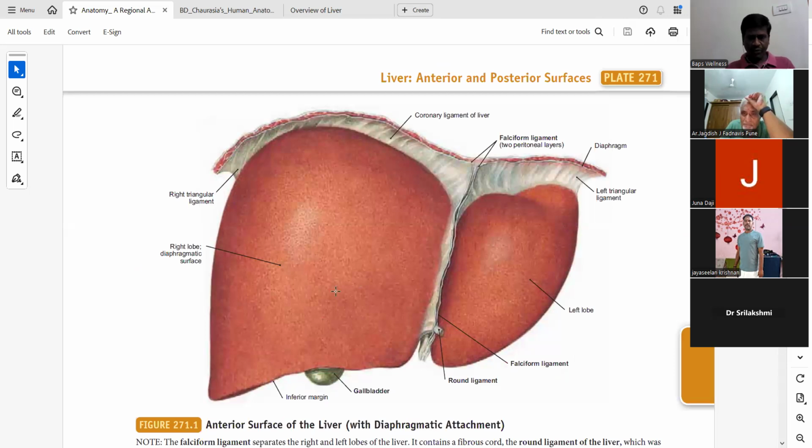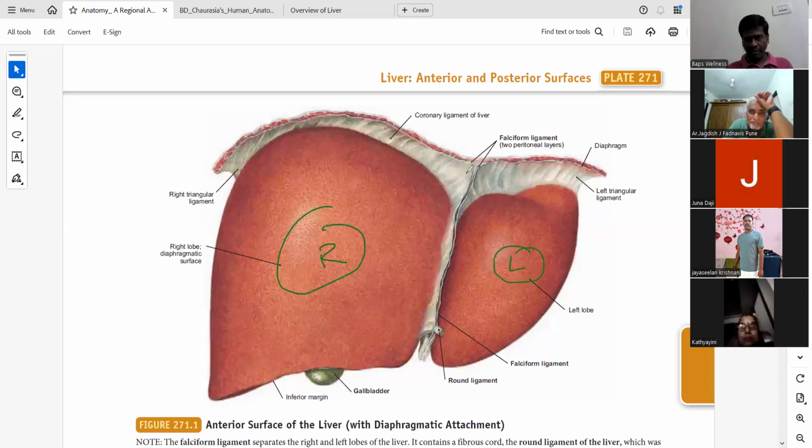From the front view, you can see mainly the right lobe, the bigger one, and the left lobe, which are separated by the falciform ligament. And this is the diaphragm. This triangular ligament is attached to the diaphragm, connecting the liver and the diaphragm.